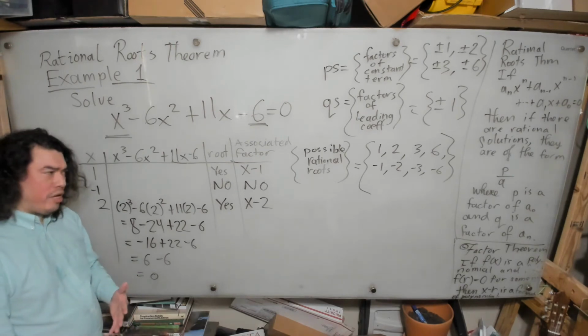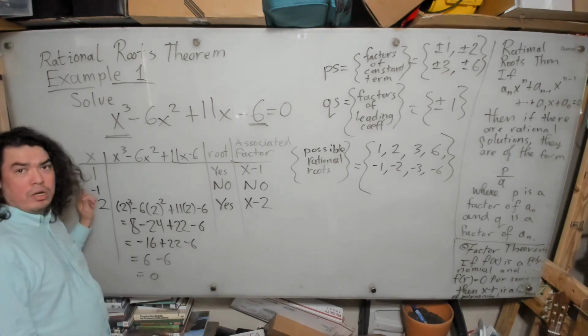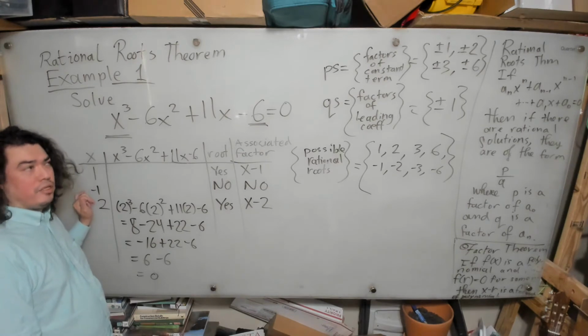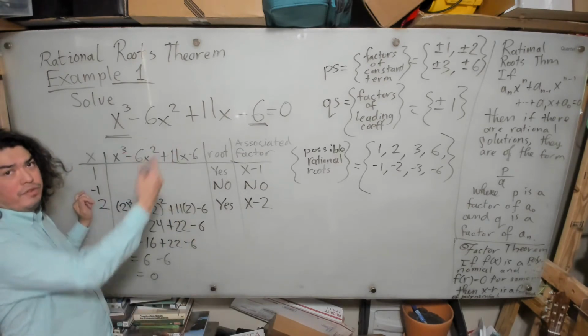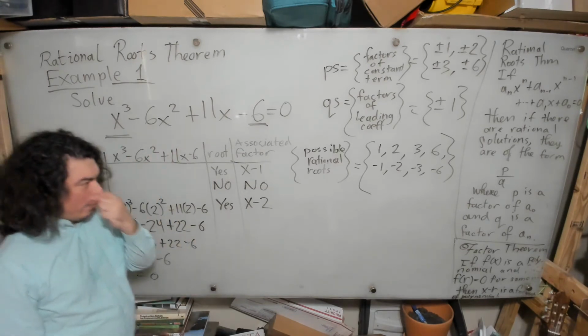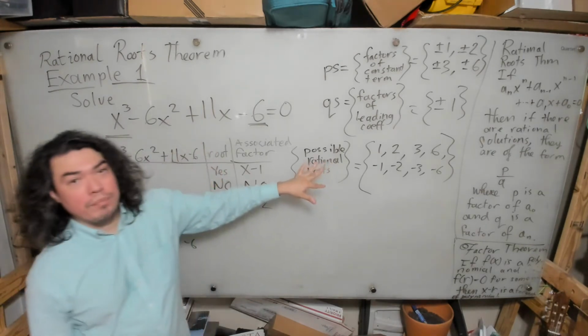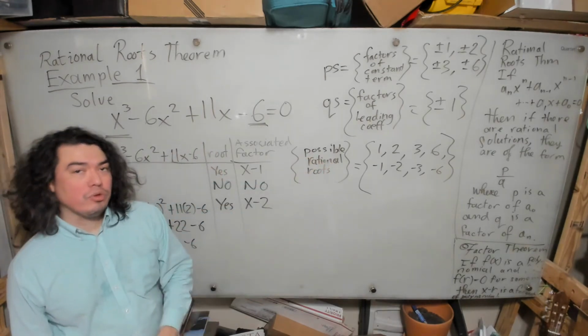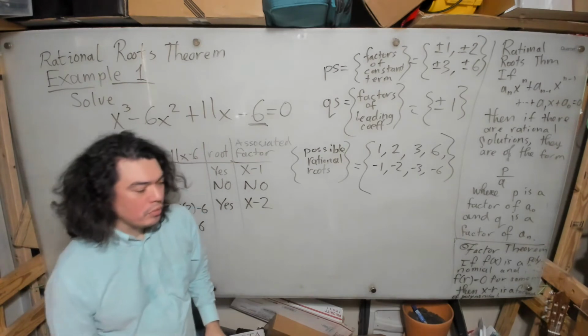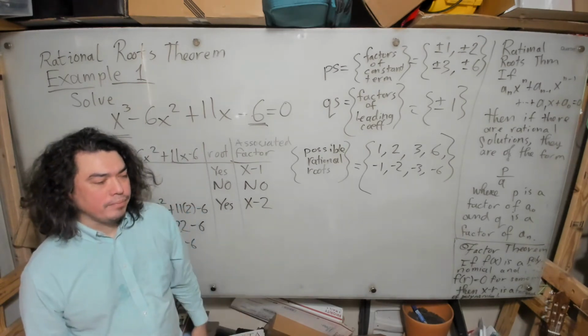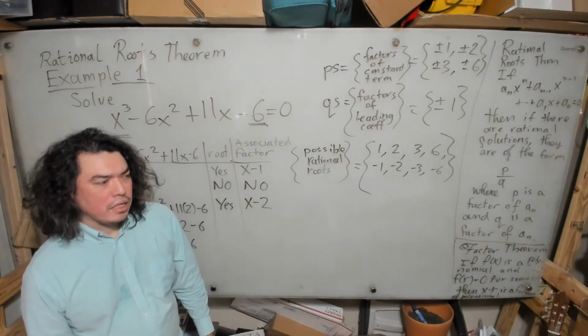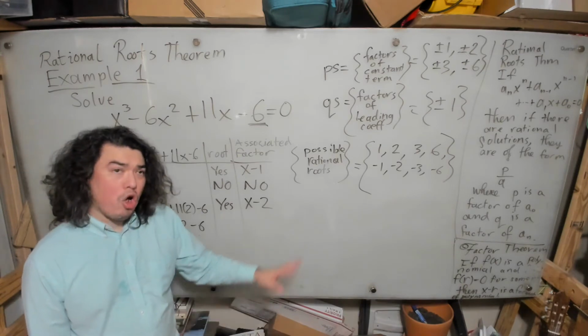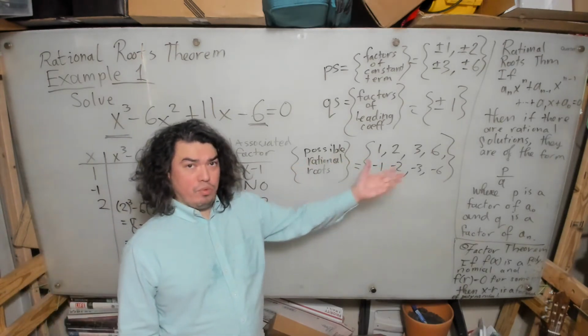Now, I also want to point out something else. -1 was not a root and not a solution of this equation. So I want you to realize why I wrote this as the possible rational roots. The rational roots theorem does not tell us that all the members of this list will be roots.